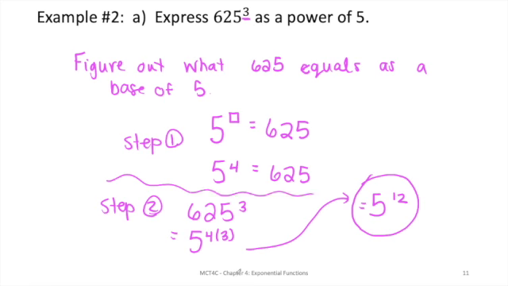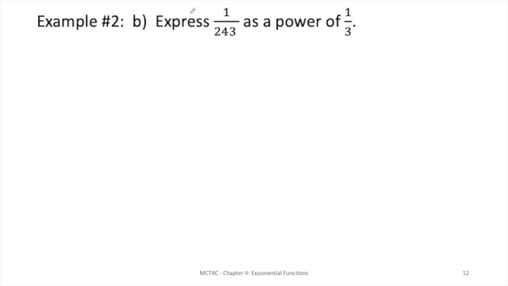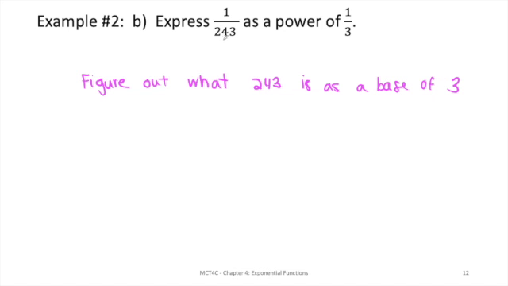The next slide is kind of the same example. You're going to express 1 over 243 as a power of 1 over 3. So to start, you're going to figure out what 243 is as a base of 3, because the 243 is in the denominator here, and same with that 3.